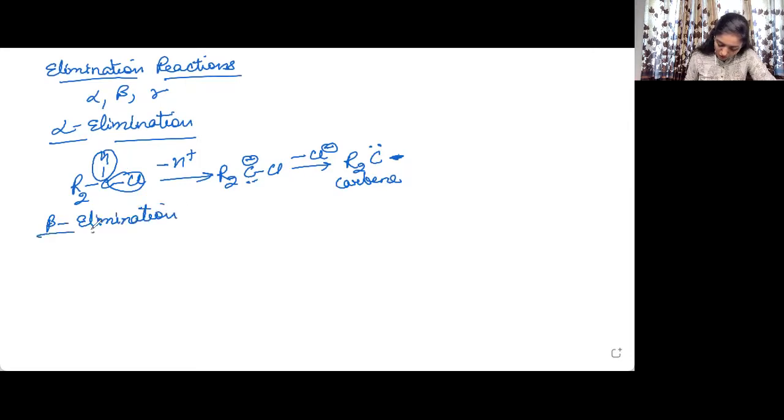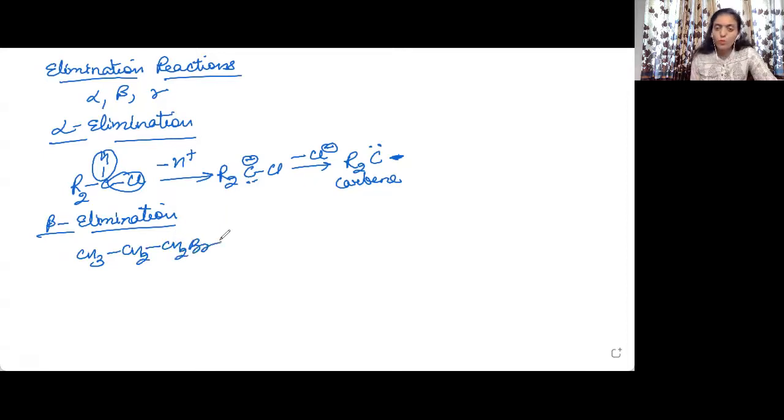Beta elimination. So in case of beta elimination, the 2 atoms or the groups of atoms which are leaving the molecule, they will be present at the adjacent positions. So for example, if we have CH3, CH2, CH2, Br.